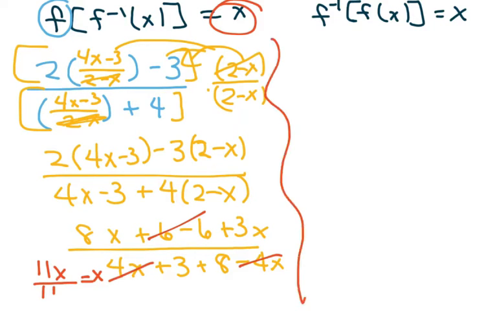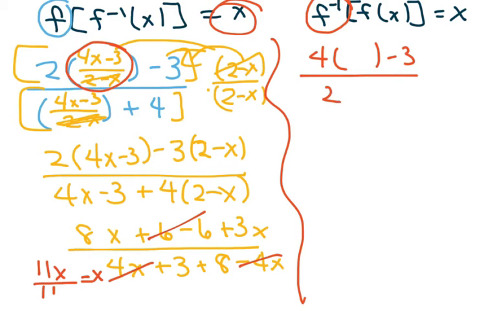Okay, now to do this side, do the same thing. Write down f inverse, which we have right here. But everywhere there's an x, I'm going to dump in my original function, which is 2x minus 3 over x plus 4.